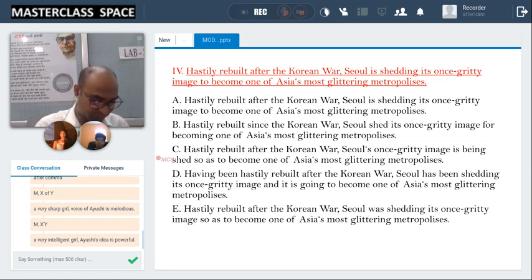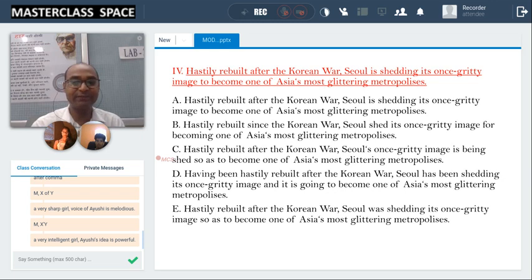Now, you can see the sentence: hastily rebuilt after the Korean War, Seoul is shedding its once gritty image to become one of Asia's most glittering metropolises. So here it is modifying Seoul, but in option C, it is modifying gritty image.